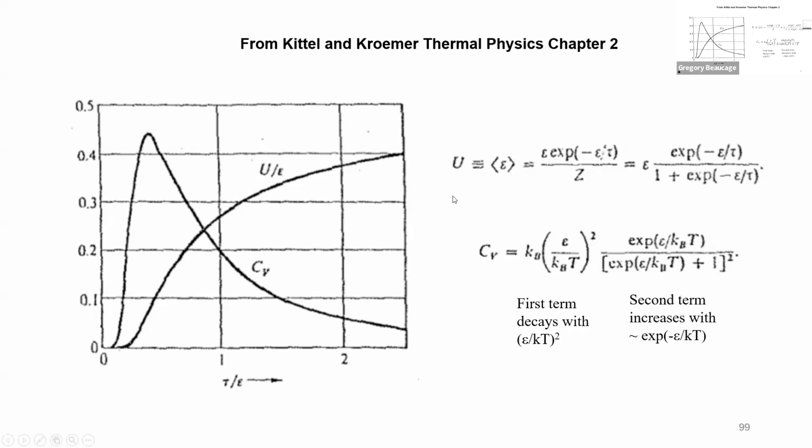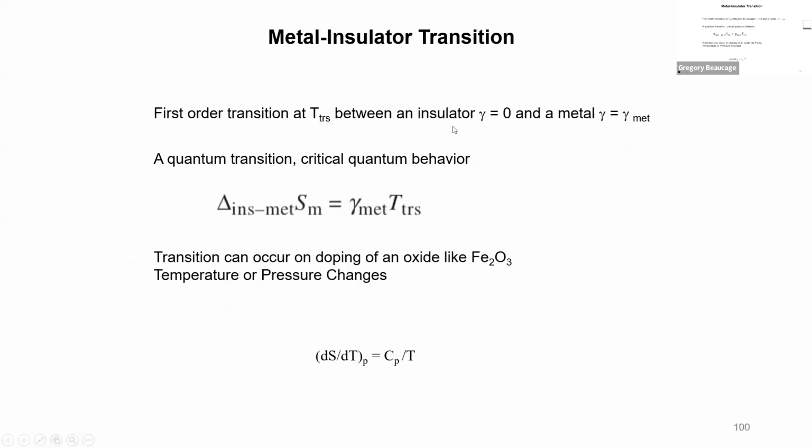In fact, this plot is just mapping out these equations. So there are a lot of transitions; he goes through so many transitions in here. The metal insulator transition, this is for iron oxide. For this transition, the electronic contribution for the insulator, there are no electrons above the Fermi level, so the gamma for electronic is 0.